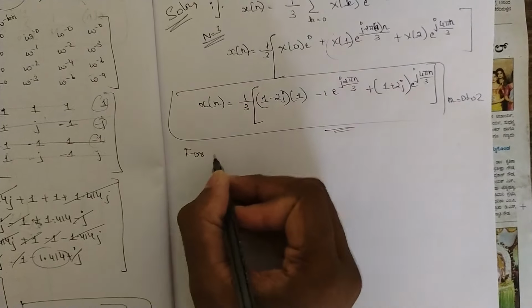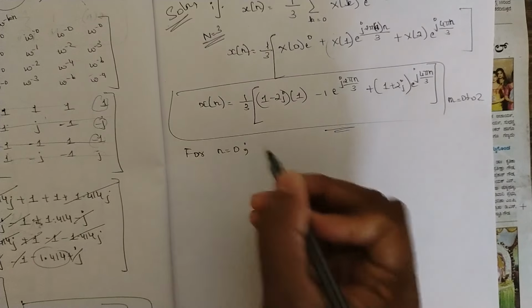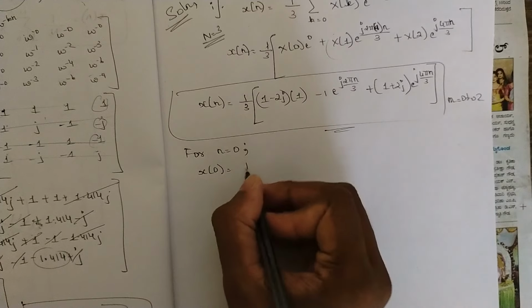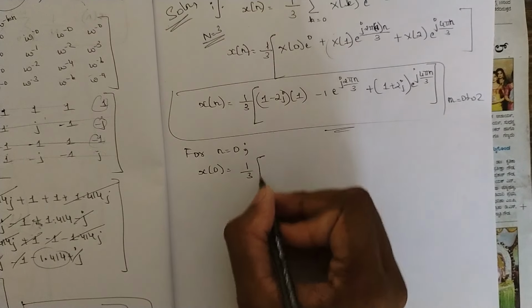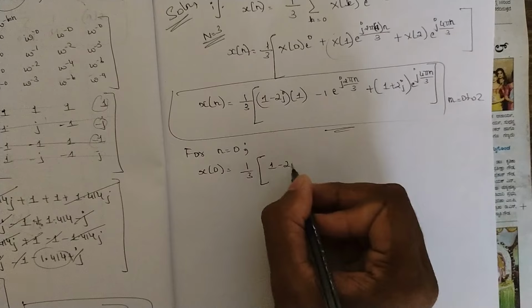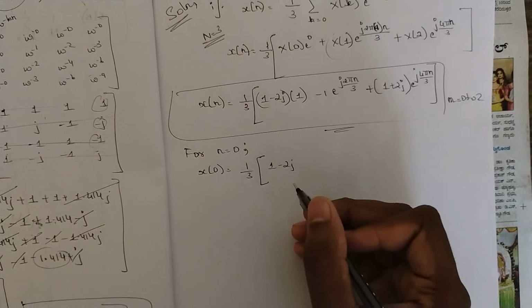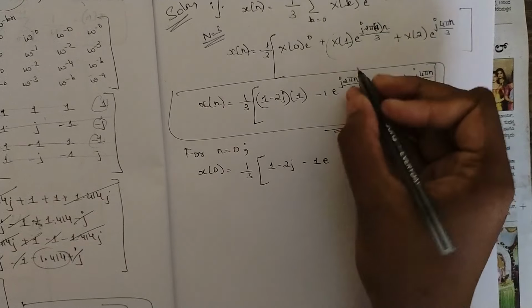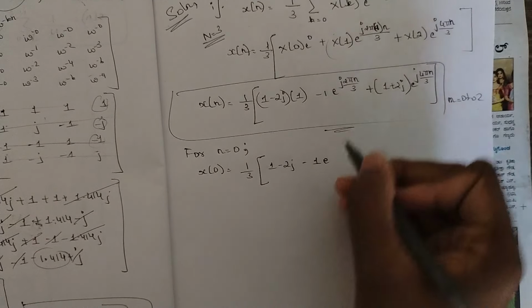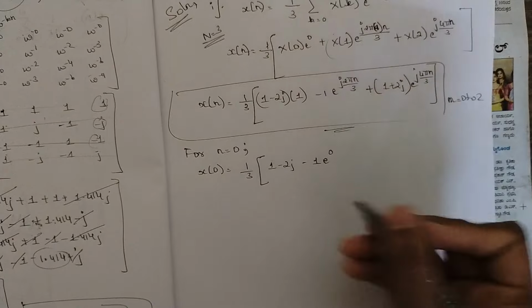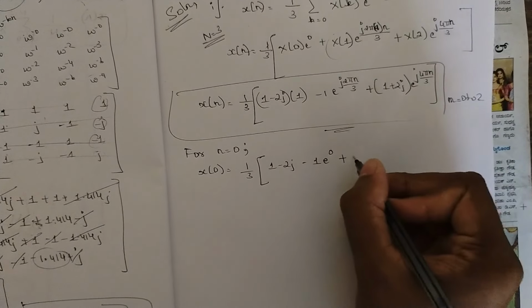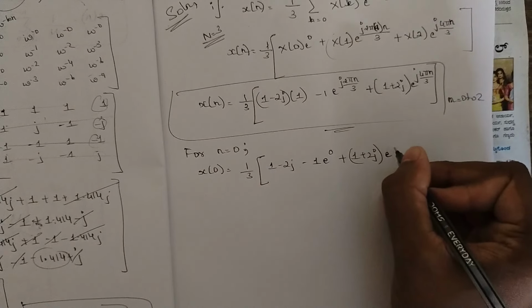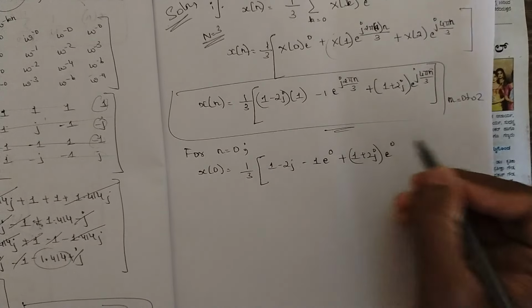Firstly, for n equal to 0, x of 0 is equal to 1 by 3 into 1 minus 2j into 1 is 1 minus 2j itself, minus 1 e power, if you substitute the value of n as 0, this whole term would be e power 0, then 1 plus 2j into e power, again we substitute here, it would be 0.